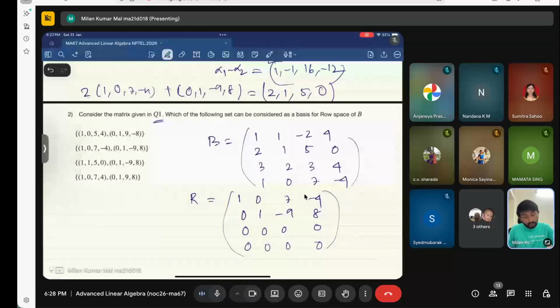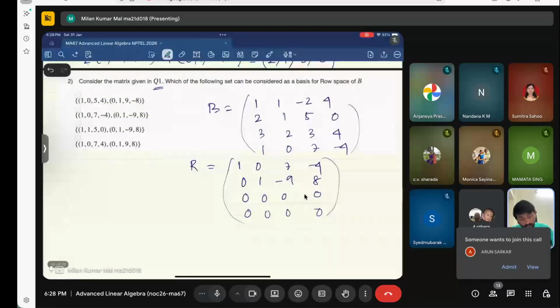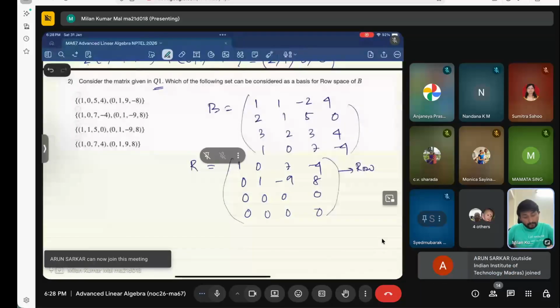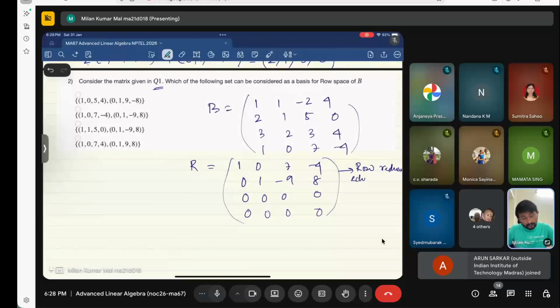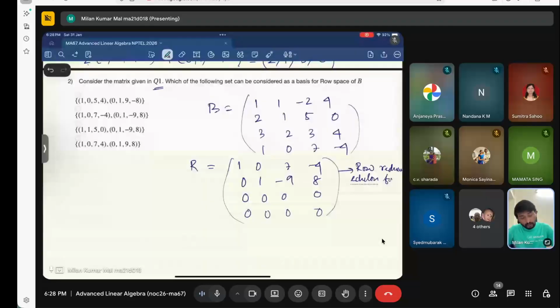This is the row reduced echelon form of B, sorry, not A, B. So now let me read the question again. Which of the following sets can be considered as a basis of row space of B? So is it clear?